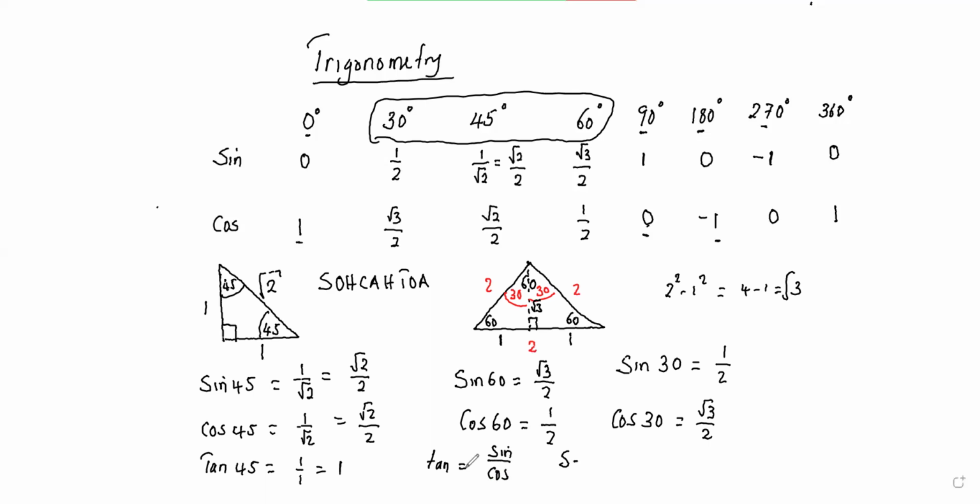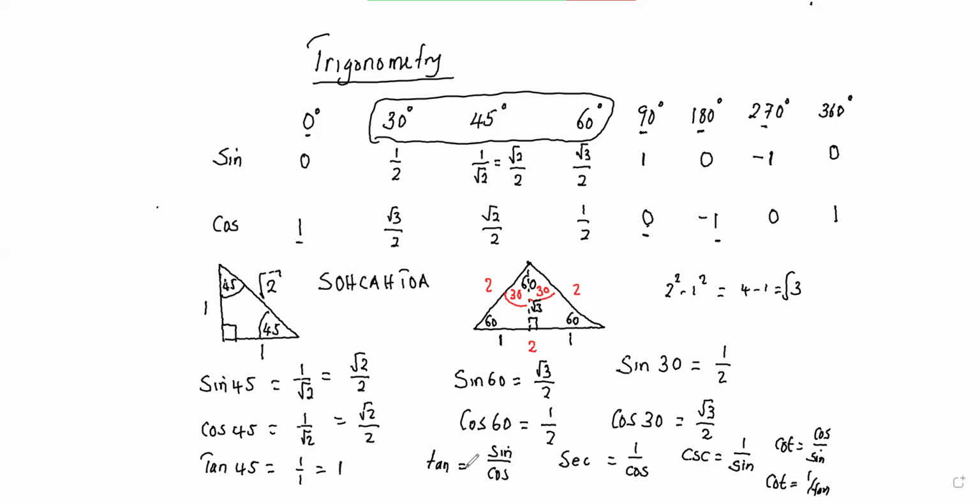We haven't talked about sec, because we know that sec is 1 over cos. About cosec, because cosec is 1 over sine. Better still, cot is 1 over tan. So these also can help us.